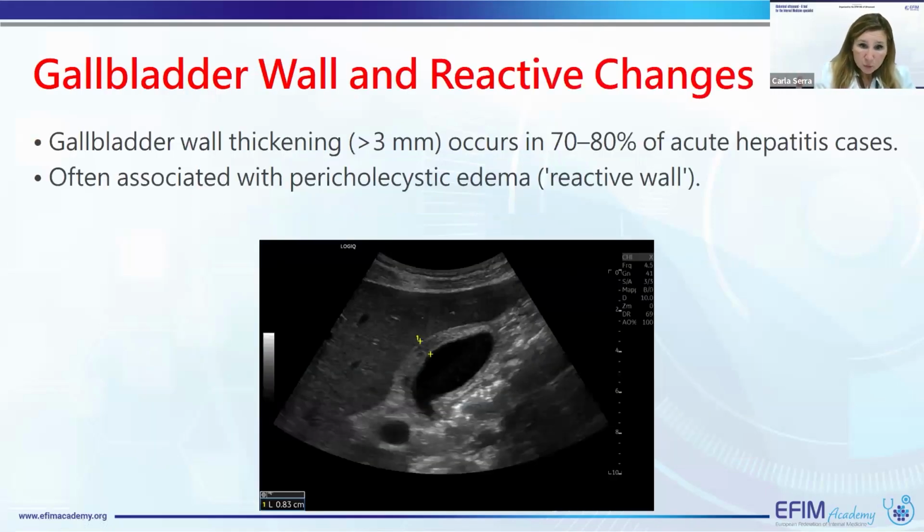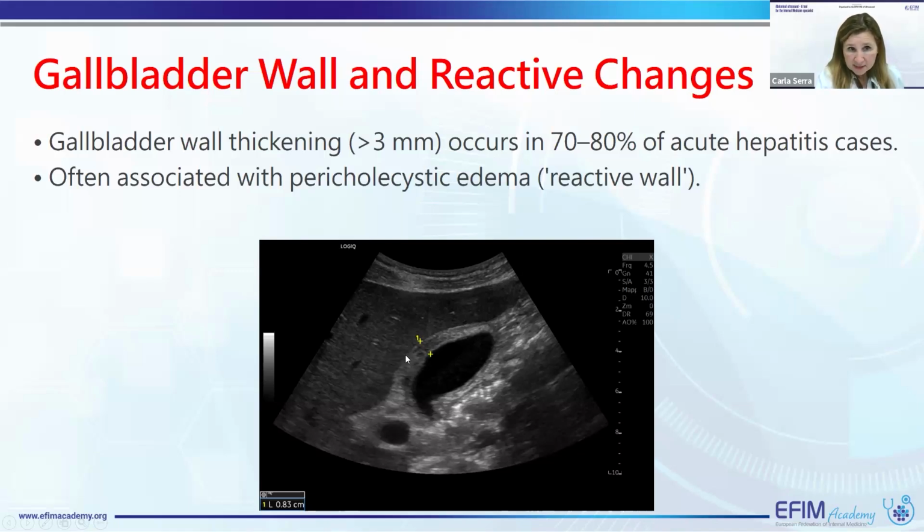Another important evaluation during acute hepatitis is to evaluate the gallbladder. Because usually the gallbladder shows a thickness of the wall, usually more than 3 millimeters, and this is a sign that occurs in 70–80% of acute hepatitis.